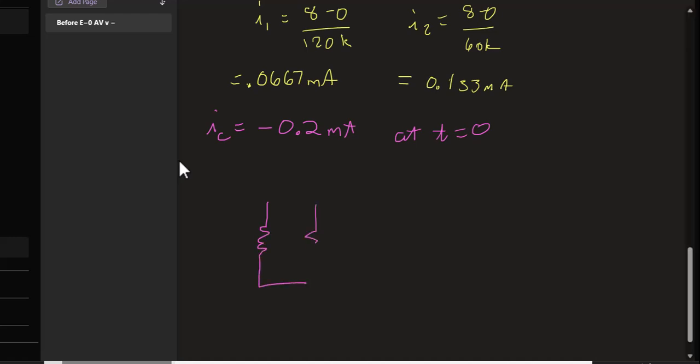And when I look at this particular circuit, I notice it has no sources.